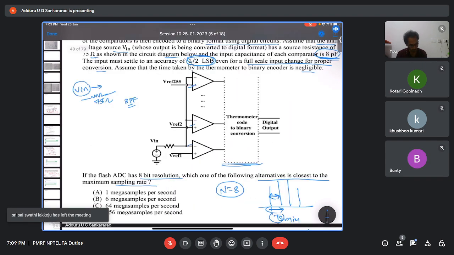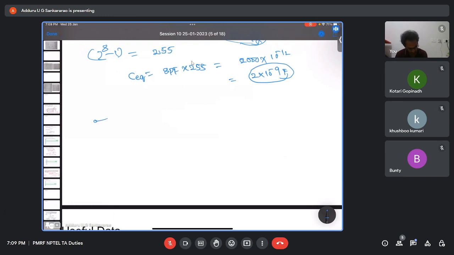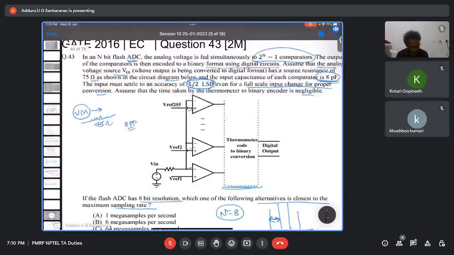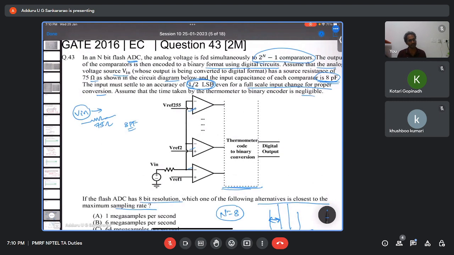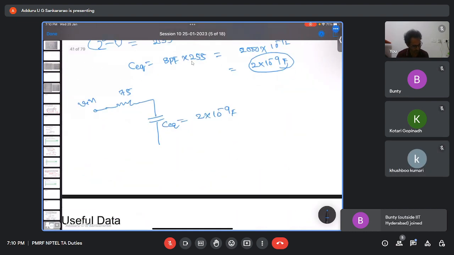Now you have the source Vin here with source resistance, and all the comparators are represented by this C equivalent, 2 into 10 power minus 9 farad. Whatever input voltage you give, it will not appear immediately at the comparators, because of the capacitance it will rise slowly.